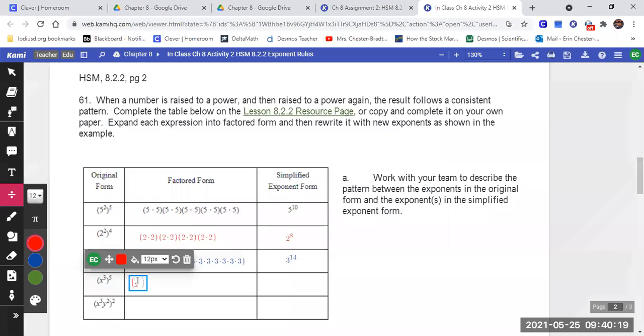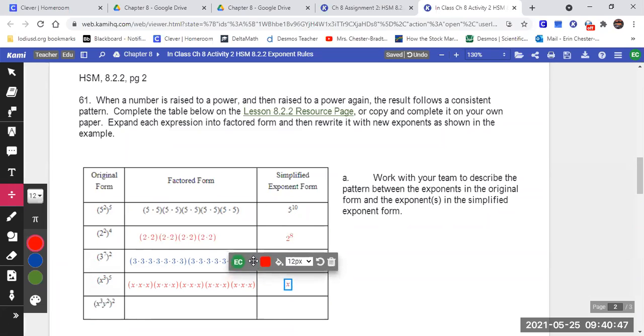Thank you. X times X times X, because that's X to the 3rd power. And then the outside tells us how many sets of that. How many sets of that do I need? Altogether, 5. So I have 1, 2, 3, 4, 5, right? So how many X's altogether do we actually have once we've expanded it? X to the 15. Because 3, 6, 9, 12, 15, right?